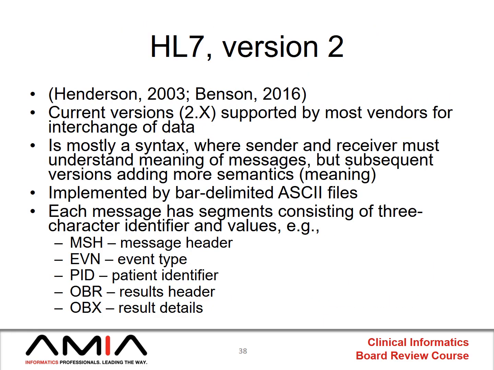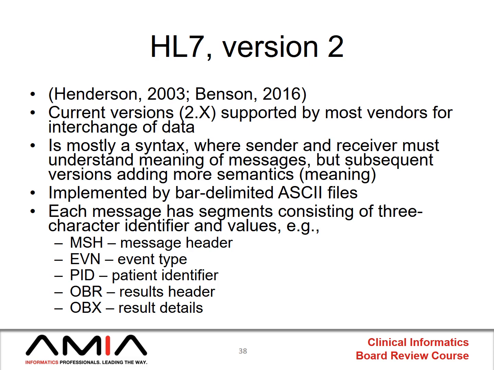HL7 version 2, as noted in the previous slide, is supported by most vendors. It's widely used. And it's mostly a syntax where the sender and receiver must understand the meaning of the messages. However, in later versions of version 2, there has been the addition of more and more semantics or meaning so that the identifiers start to take on commonly accepted meaning.